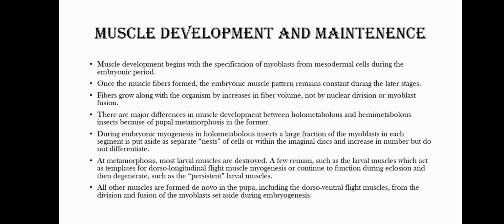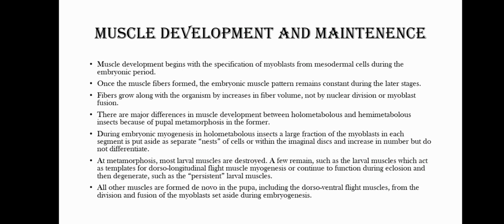During embryonic myogenesis in holometabolous insects, a large fraction of the myoblasts in each segment is put aside as a separate nest, or arranged within the imaginal disc, and they increase in number but do not differentiate.